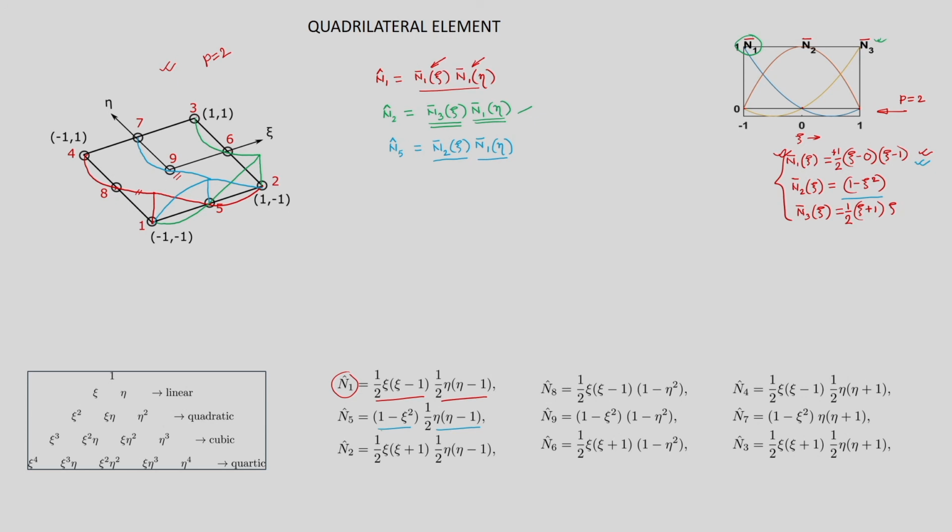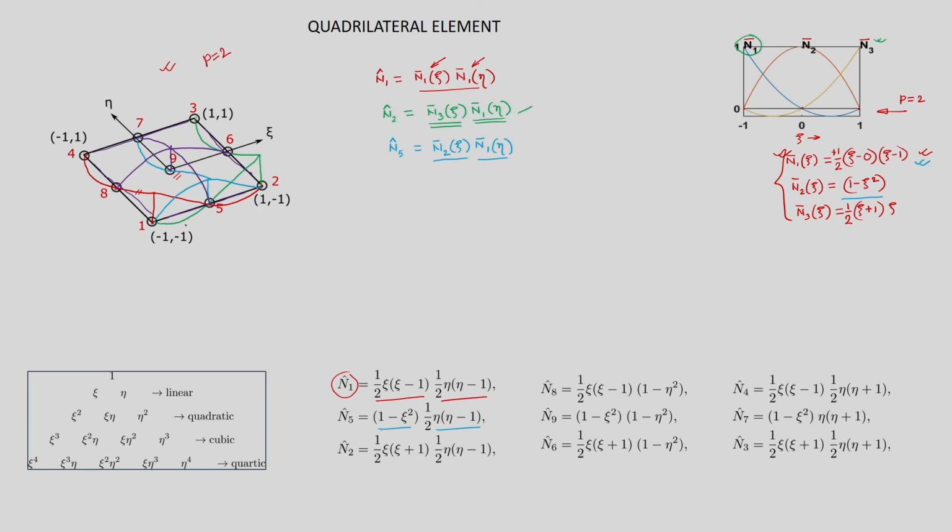Now finally, before leaving this, let us look at N9, how it looks. N9 is 1 at the midpoint and it has to vanish on all the boundaries of this element, alright. So it varies quadratically like this in xi direction and quadratically like this in eta direction.